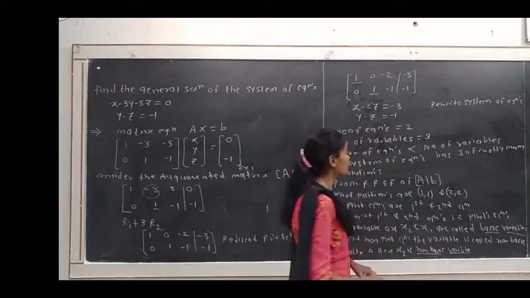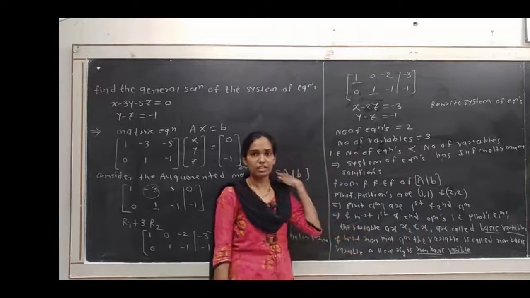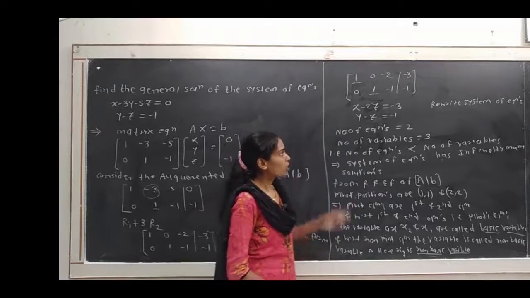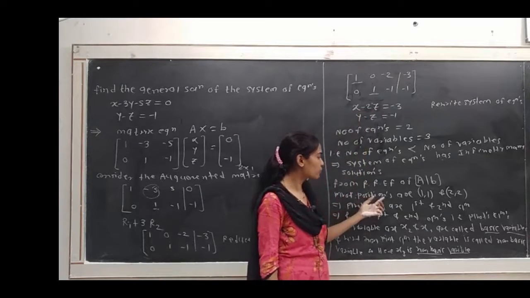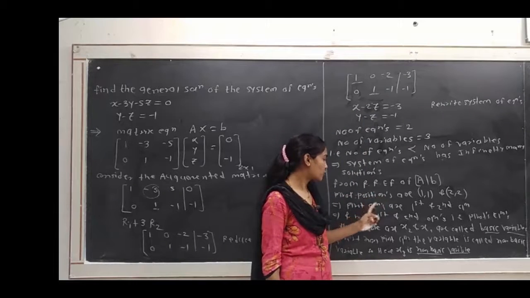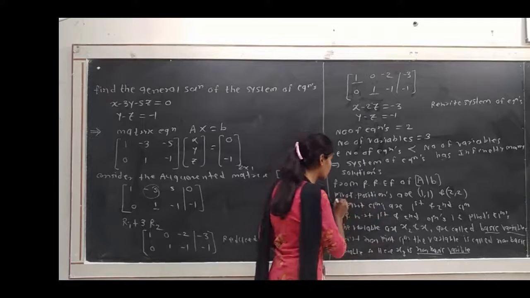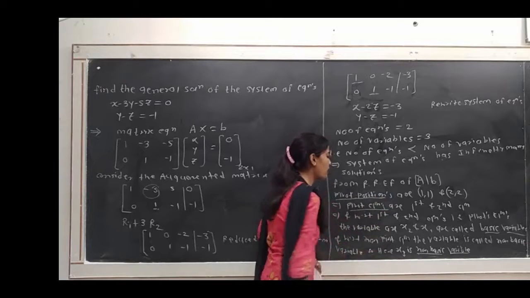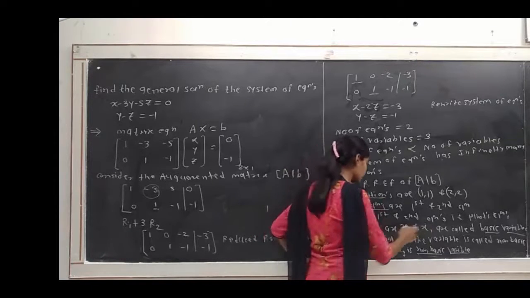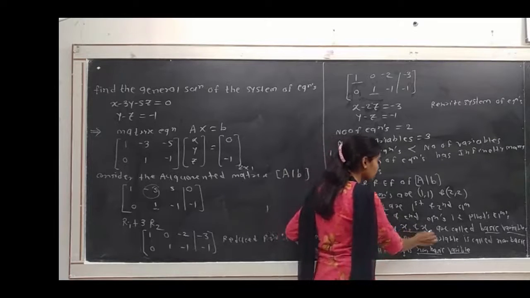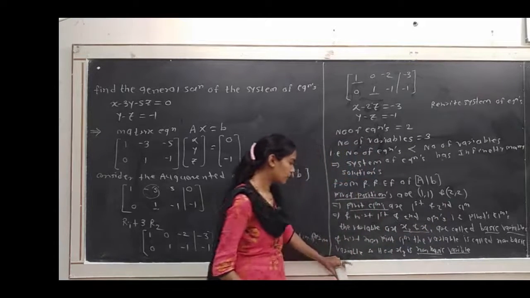So to find the infinitely many solutions, from the given reduced row echelon form we first find the pivot positions, then the pivot columns, and with respect to the pivot columns the variables x1 and x2 are called basic variables.